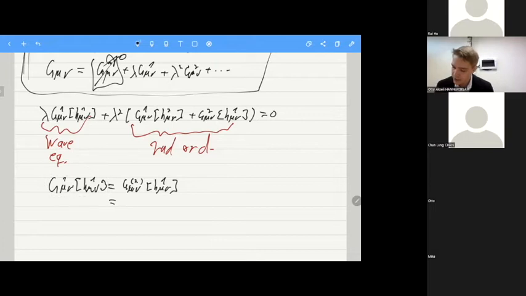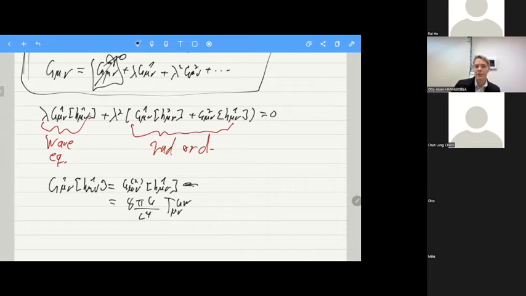And so the way that we can actually treat this problem is we can regard this second term as an effective stress energy tensor. So we have 8 pi G per c to the power of 4 T mu nu for gravitational waves.